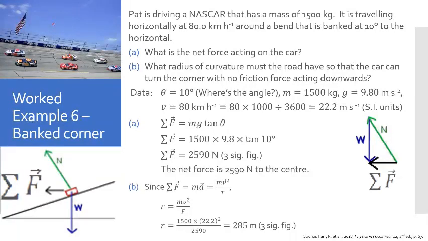So we substitute 1,500 times 22.2 squared all over 2,590 will give us 285 meters, correct to 3 significant figures. So the radius of this curve is 285 meters.